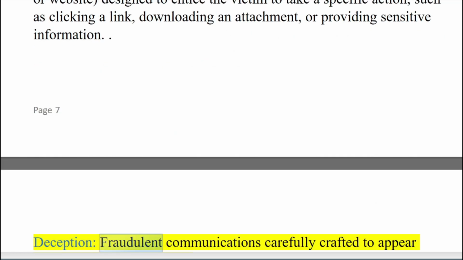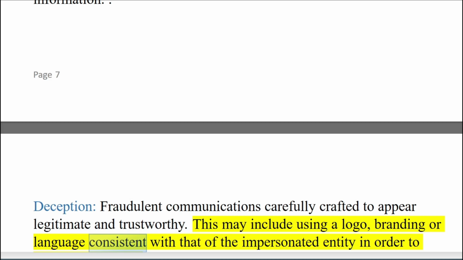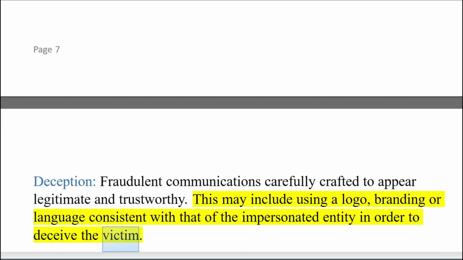Deception. Fraudulent communications are carefully crafted to appear legitimate and trustworthy. This may include using a logo, branding or language consistent with that of the impersonated entity in order to deceive the victim.